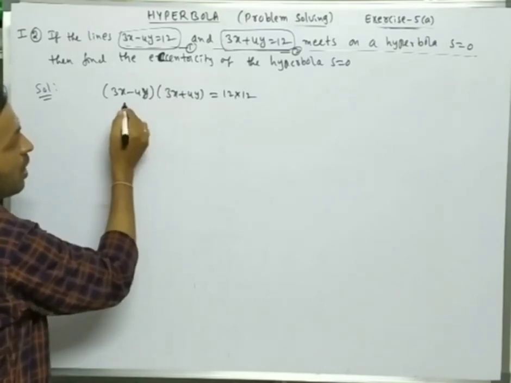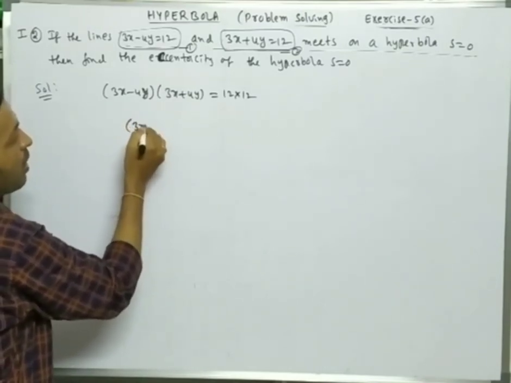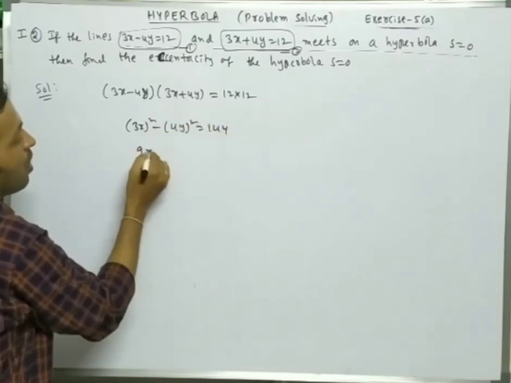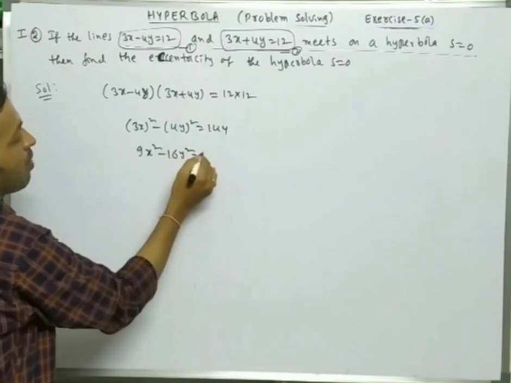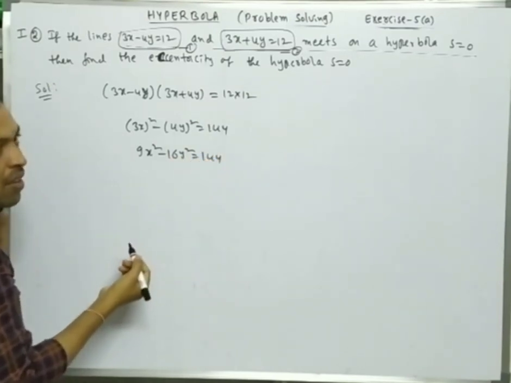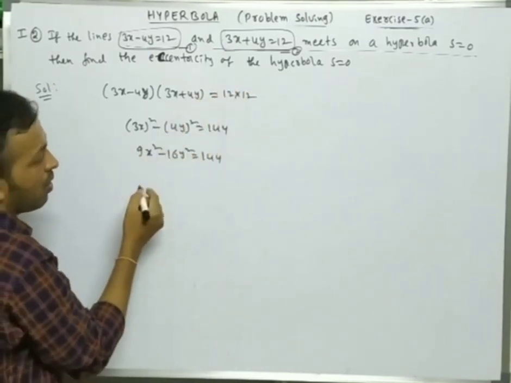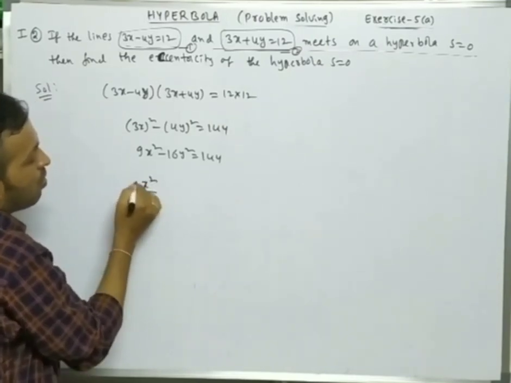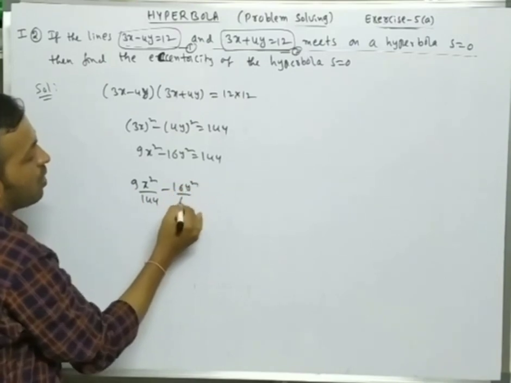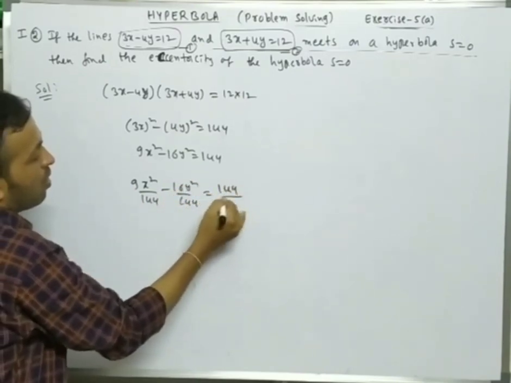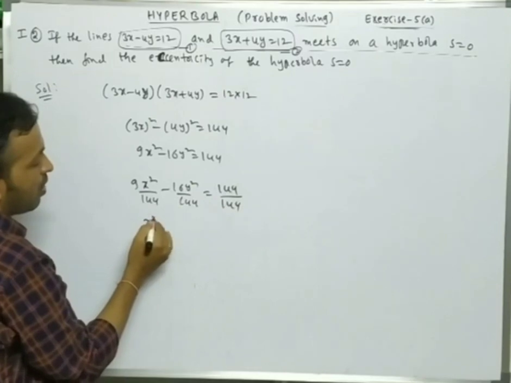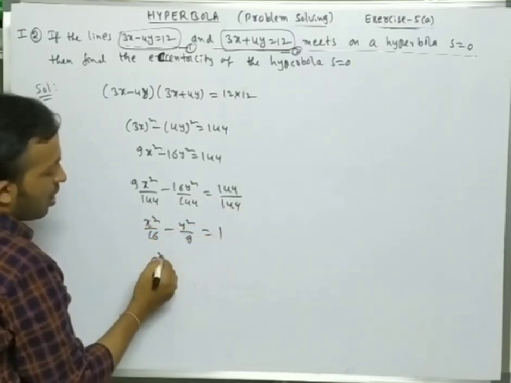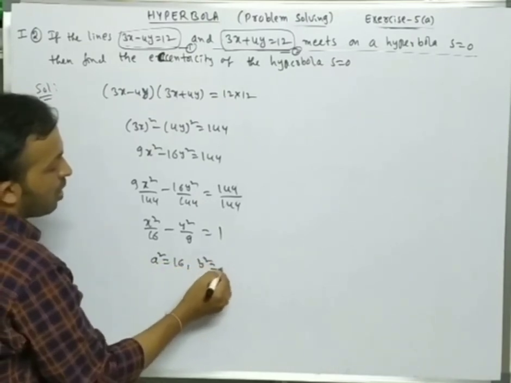On the left-hand side, a plus b into a minus b is a square minus b square, equal to 144. 9x square minus 16y square is equal to 144, which is the equation of the required hyperbola S is equal to 0. Now convert it into standard form. Divide each and every term by 144, so you get x square by 16 minus y square by 9 is equal to 1. a square is equal to 16, b square is equal to 9.